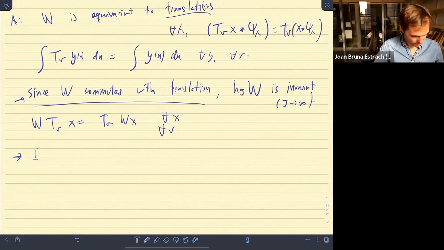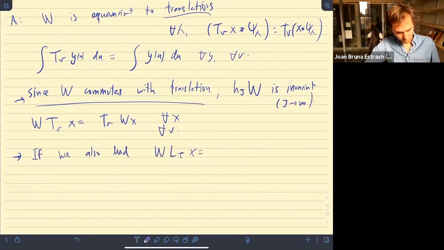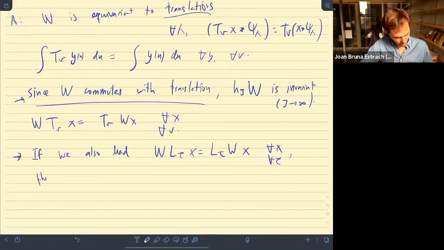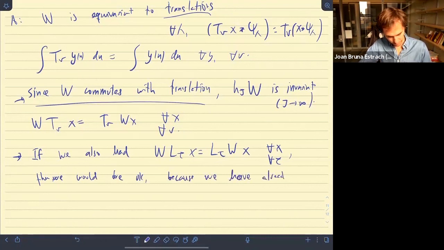So if we also had that W of the deformation of X was equal to L tau of W of X for all X and for all tau, then we would be okay, because we have already seen that J of X, which is just a low-pass filter, is stable.